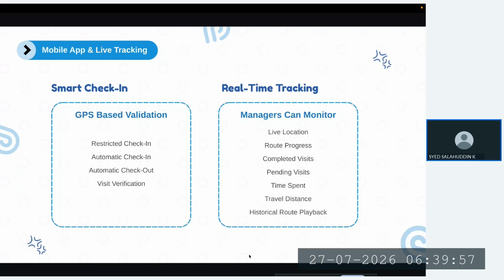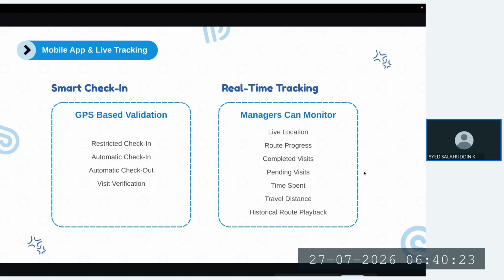In addition, managers receive real-time visibility into the day's operations with real-time tracking. Managers can monitor the live or current location of representatives, route progress, their completed visit status and pending visit status, their travel time and distance covered so far, and their historical route playback.